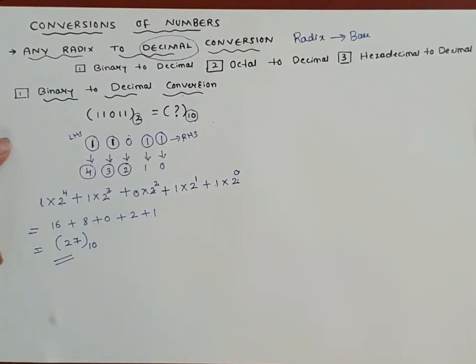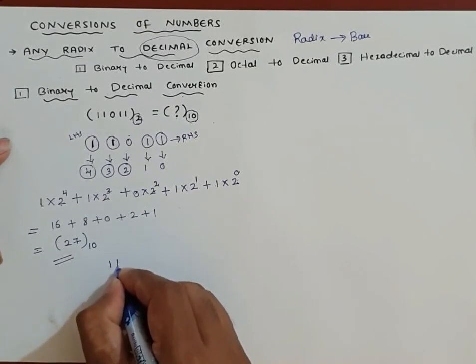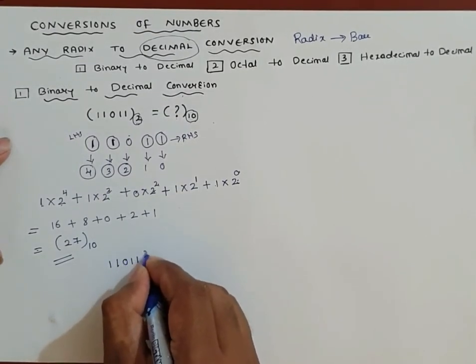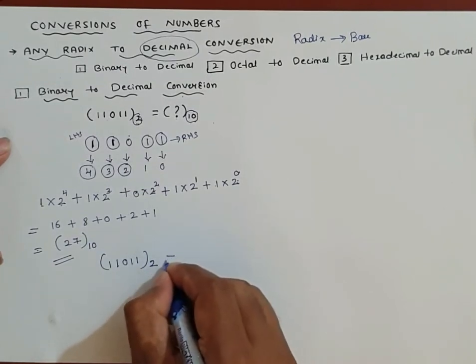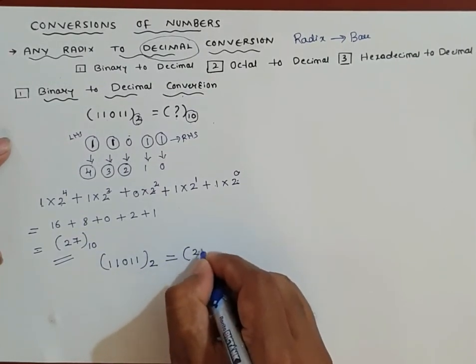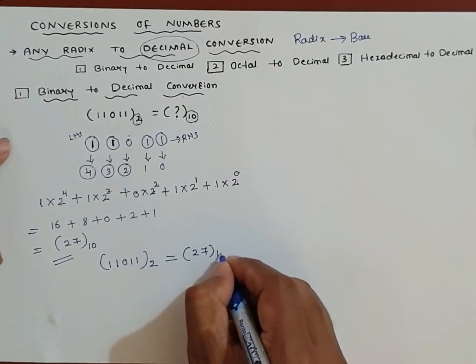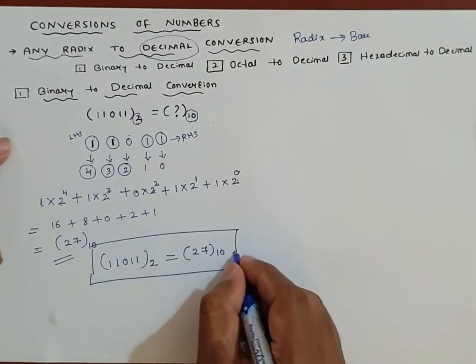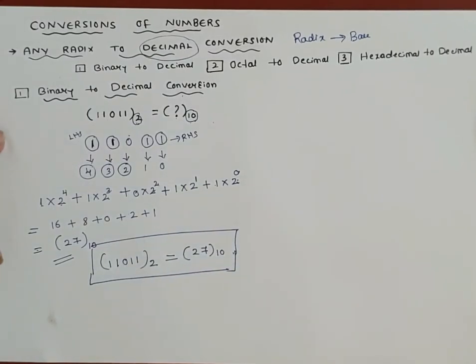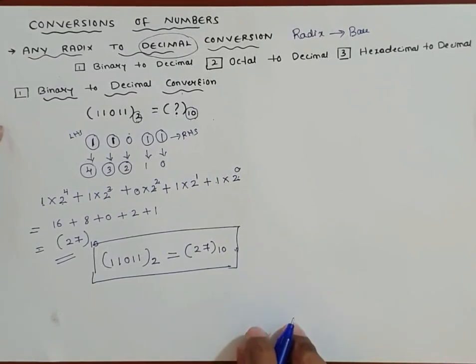This is the result now, that is 11011 to the base of 2, which is in binary, will be equal to 27 to the base of 10. This is the final result, and this is the procedure to convert the given binary number into decimal form.